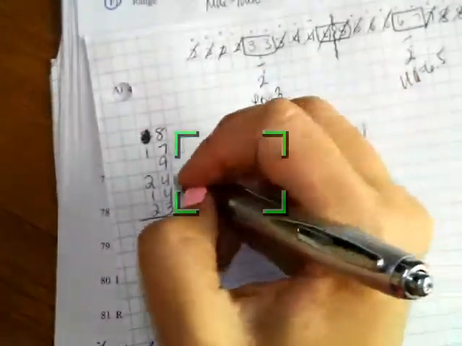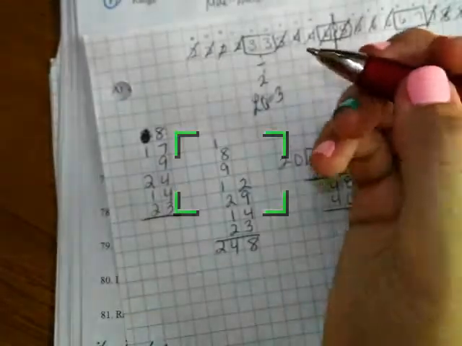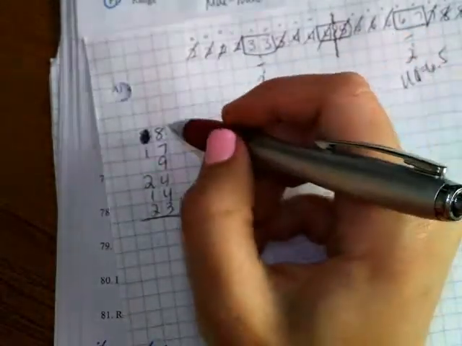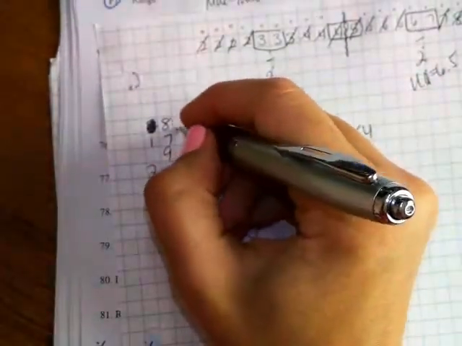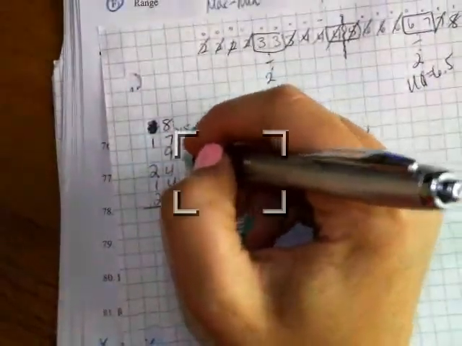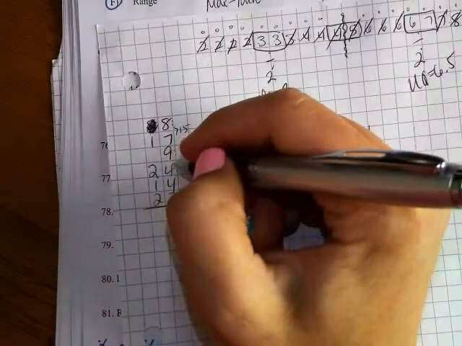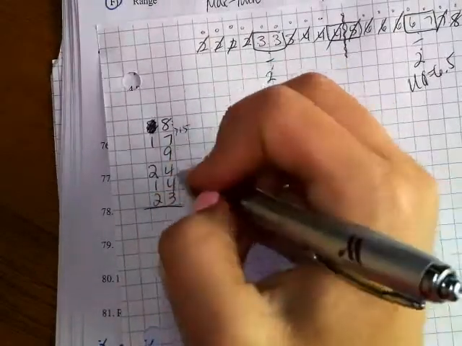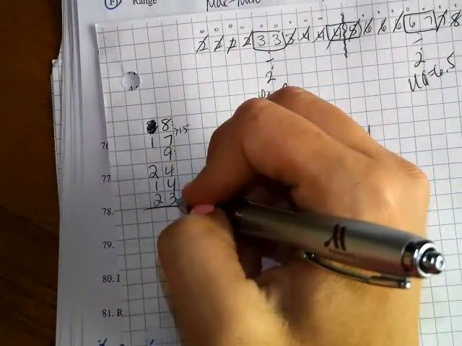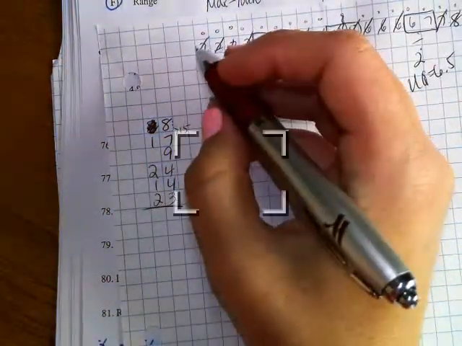Yep, that's wrong. 8 plus 3 is 11 plus 9 is 20. 27 plus 8 is 35.